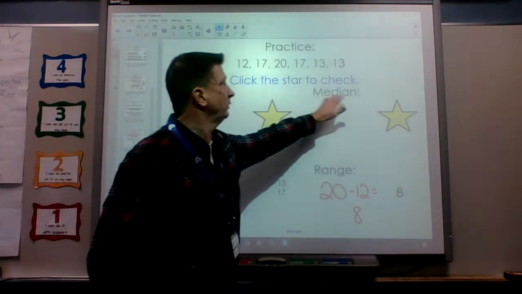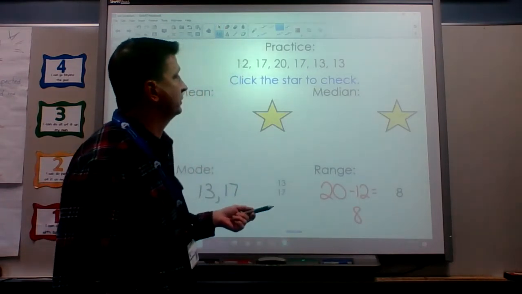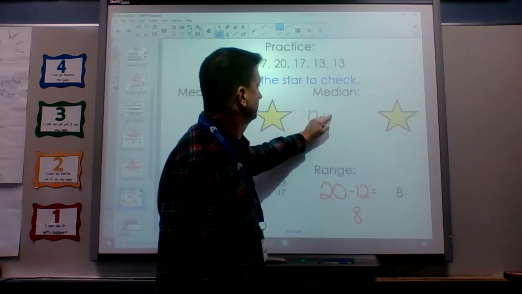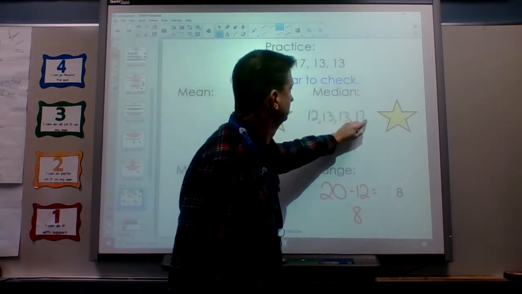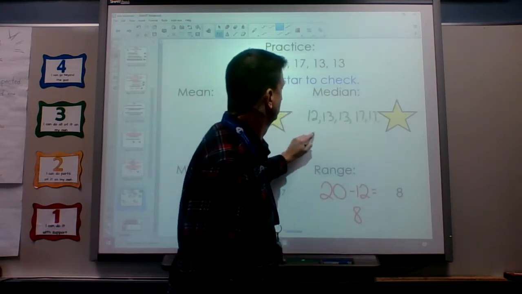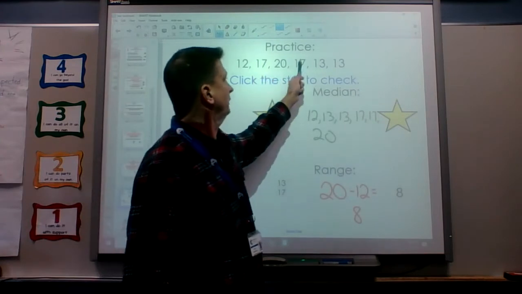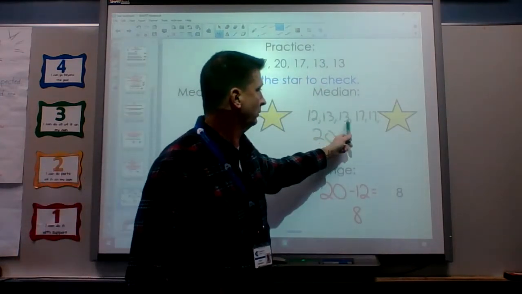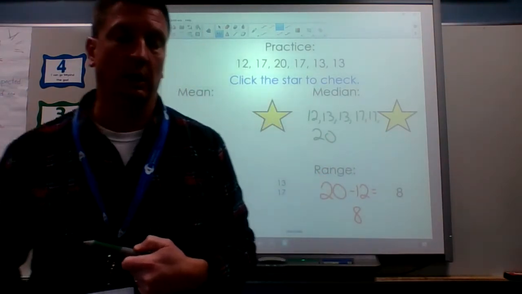Median, middle value. Remember, we need to put those numbers in order from smallest to largest. And 20. So I have 1, 2, 3, 4, 5, 6 pieces of data. I like to make sure I have the same amount.